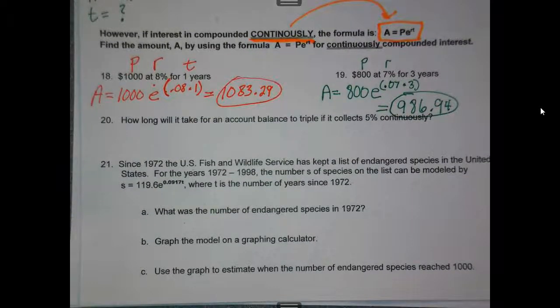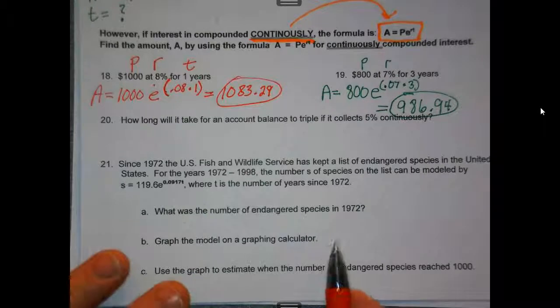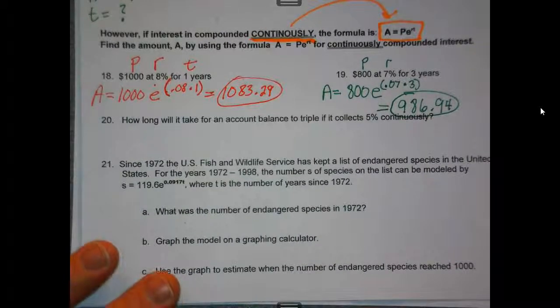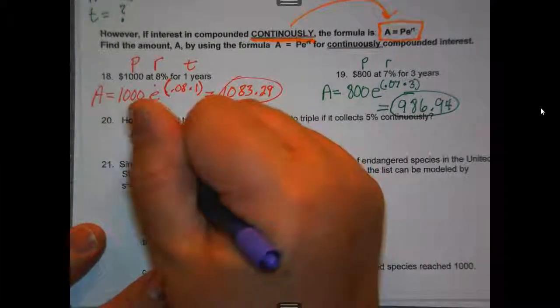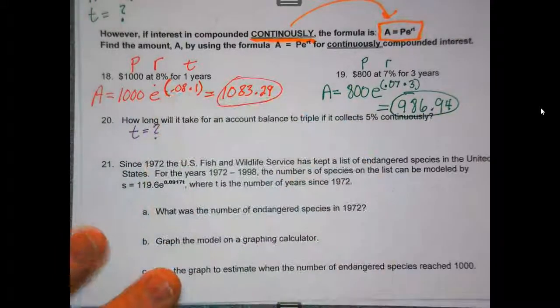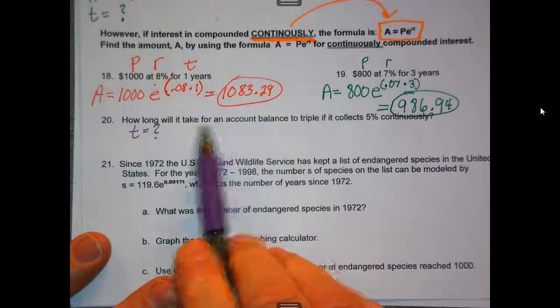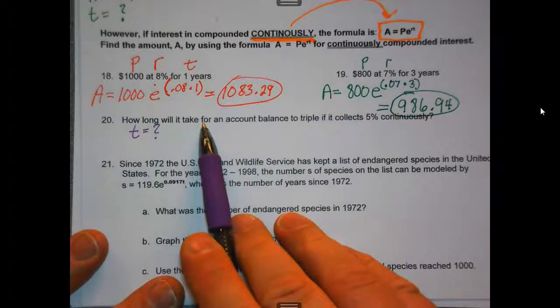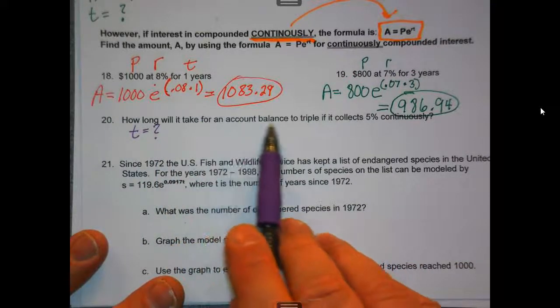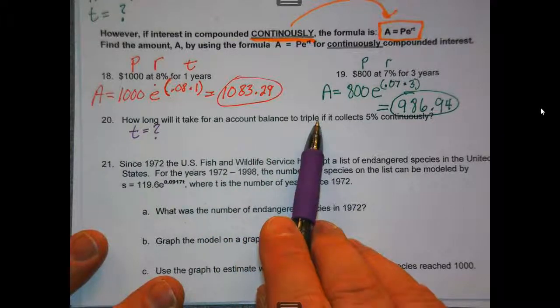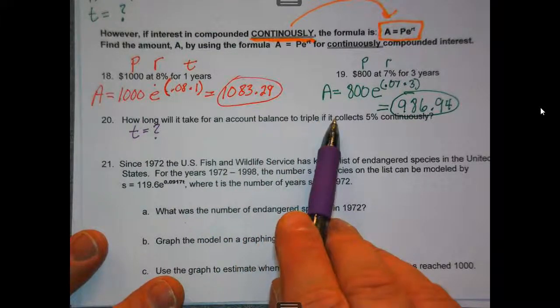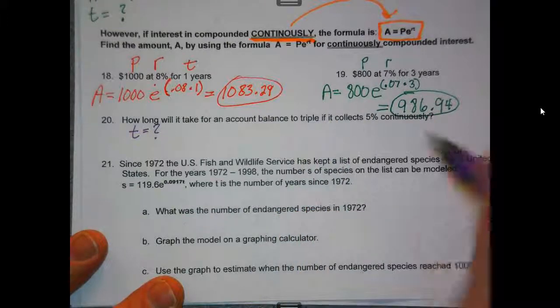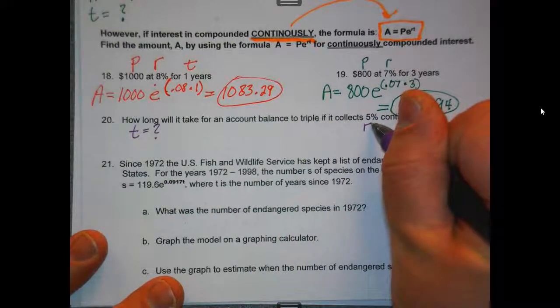Okay, number 20. How long will it take? So what am I looking for? T. How long will it take? So where am I going to put this? That's right, your y equals button. How long will it take for an account balance to triple? If it collects 5% continuously, there's my rate.